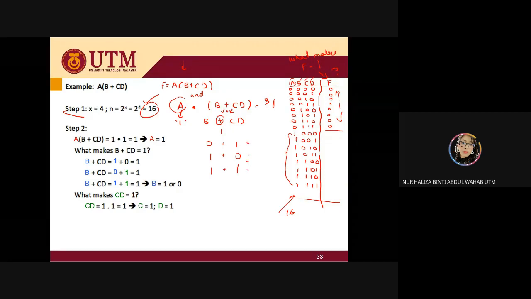All will get 1, 1, 1. But if you have 0 and 0 for this and this, you will get 0.